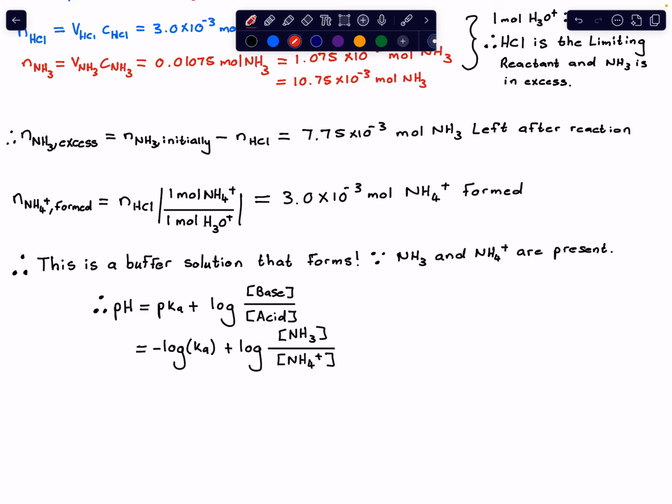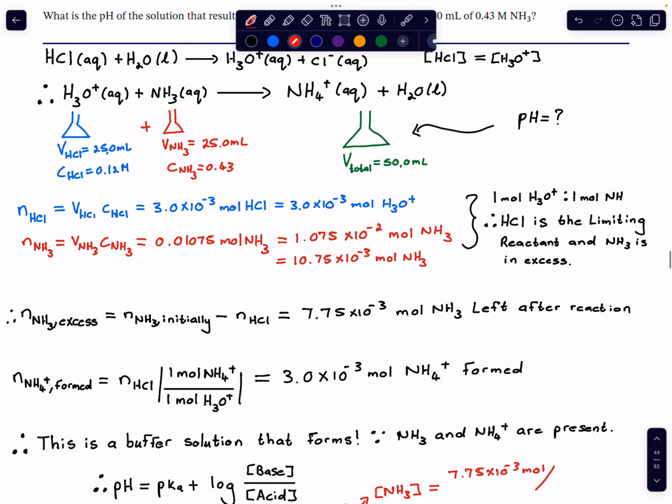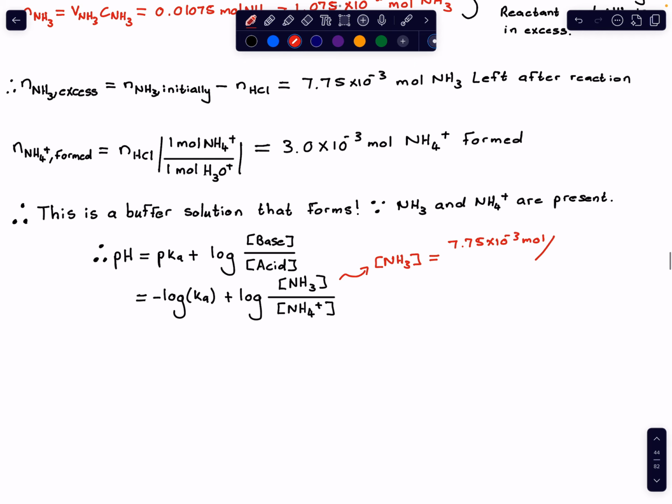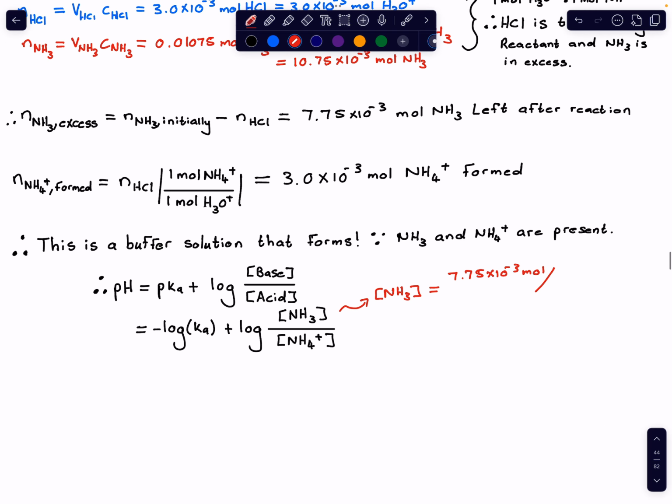Just off to the side, the concentration of NH3 is equal to the 7.75 times 10 to the negative 3 mole divided by our total solution volume. It was 50 milliliter after we mixed everything together, so that's 50.0 times 10 to the negative 3 liter.